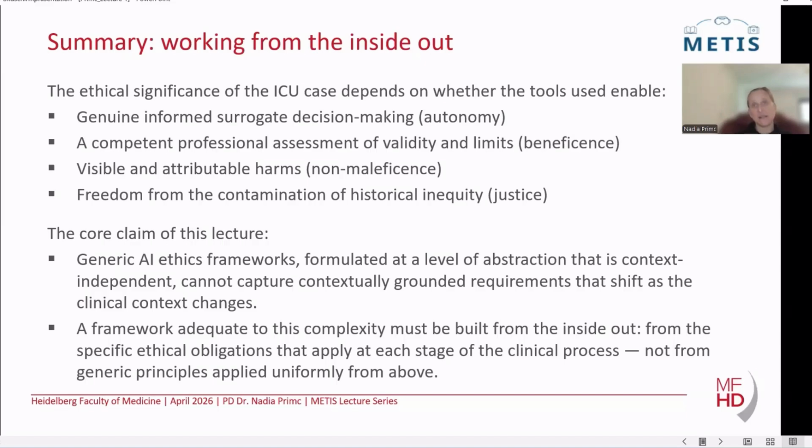And I used the example of AI in organ transplantation to show that even within a single clinical domain, the ethical requirements may shift substantially as the context changes, from the patient-centered logic of the individual consultation to the distributive justice logic of the allocation systems. And a framework adequate to this complexity must be built from the inside out, from the specific ethical obligations that apply at each stage of the clinical process, and not from generic principles applied uniformly from above.